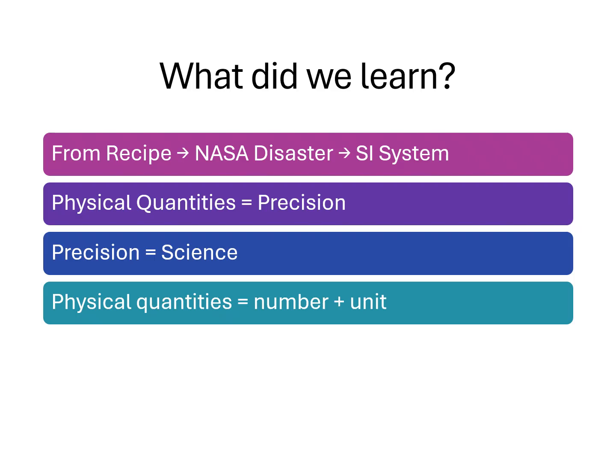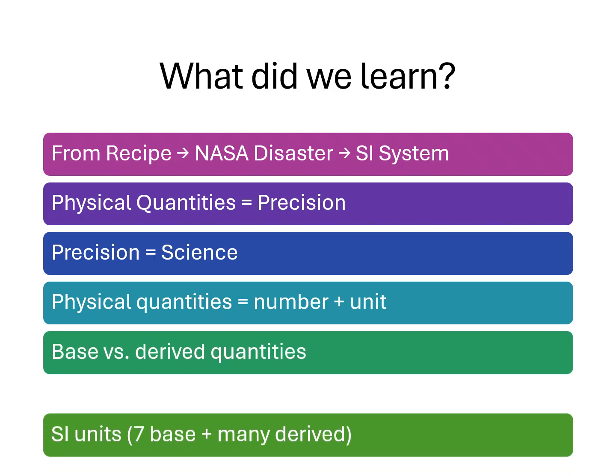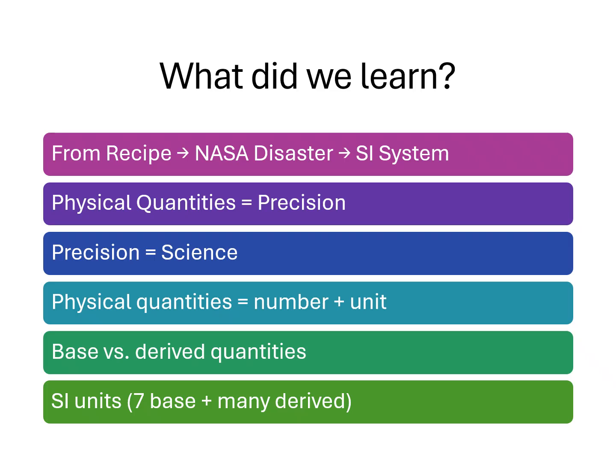We described the physical quantities and they consist of number plus units, and there are two different types, base and derived quantities, and they have their units. So there are 7 base quantities and 7 base units. Similarly, there are many derived quantities and many derived units. So this is all from today's lecture.